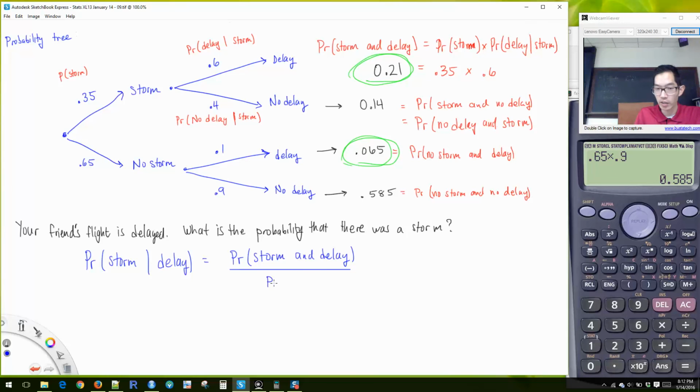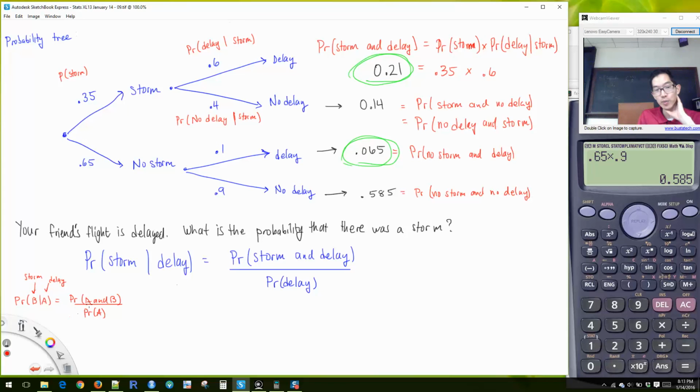Just like the other thing I said, the probability of B given A is equal to the probability of A and B divided by the probability of A. So all we're going to do is say B is storm, A is delay.